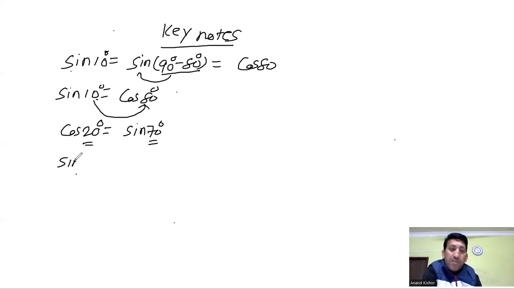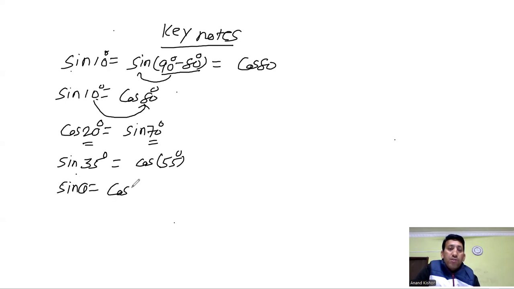If I take sine 35, it is equal to cos 90 minus 35, that is cos 55. So sine 35 degree is equal to cos 55 degree.